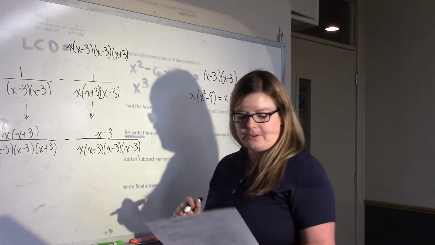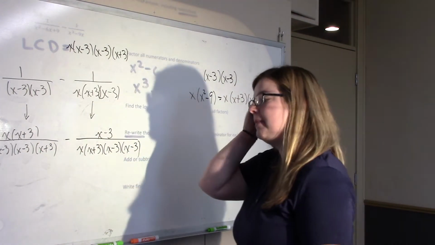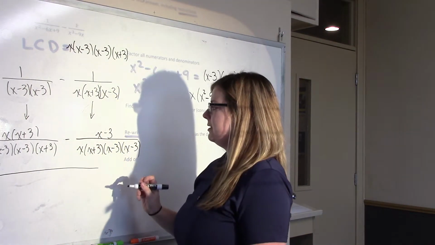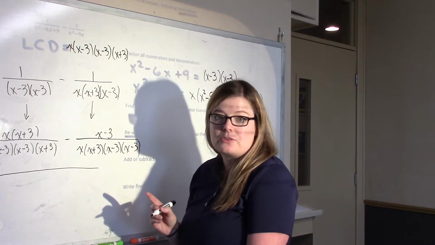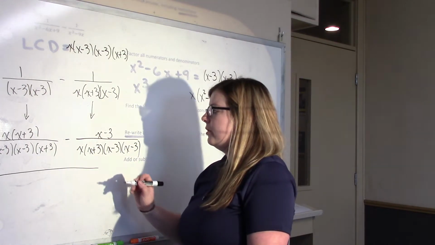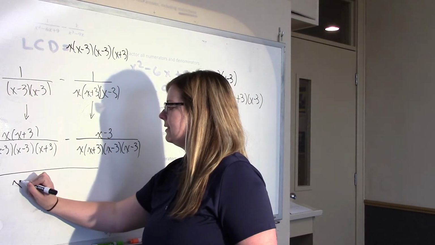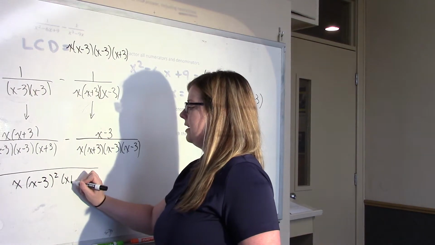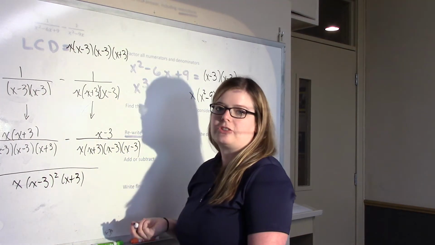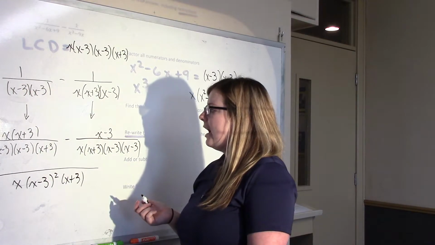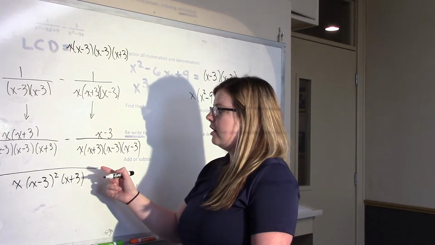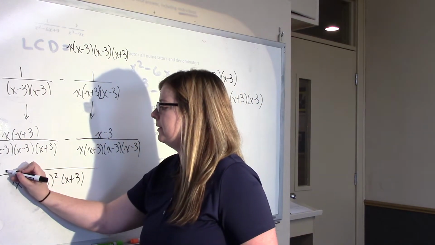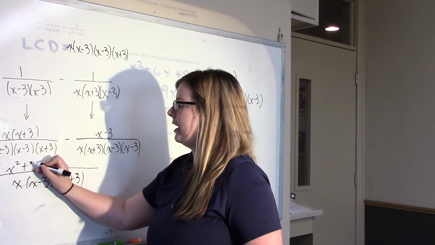Okay, now here's where you really have to pay attention to what you're doing. Okay, I'm going to rewrite this with one denominator, as one fraction, because you can do that now that it's a common denominator. Okay, so I'm going to have my denominator be x minus 3, and then I'm just going to do that all squared, just because I've done everything I need to with that for now, and that's just cleaner. And now I need to write these on the top. So I can already expand this out. So this is x squared plus 3x.